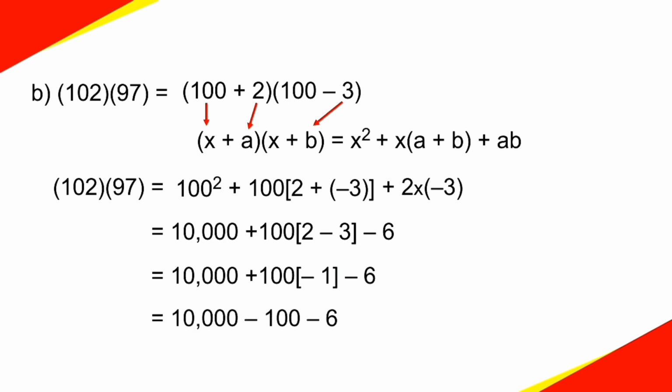Right, very good. What can we get? 10,000 minus 100 into 1, 100, minus 6. Students, can you simplify this one? Right, what result can we get? 9,894. Very good.